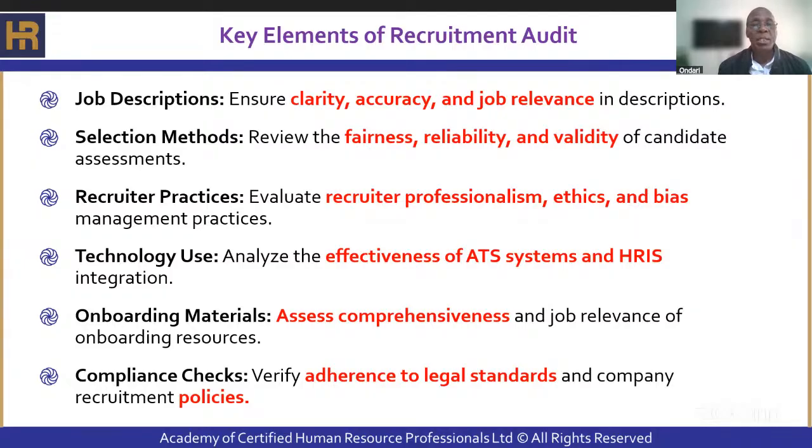Why do we talk about technology? Three things. One, it ensures accuracy of recruitment and onboarding. Two, it ensures consistency in recruitment. And three, it helps to reduce cost of recruitment and onboarding.